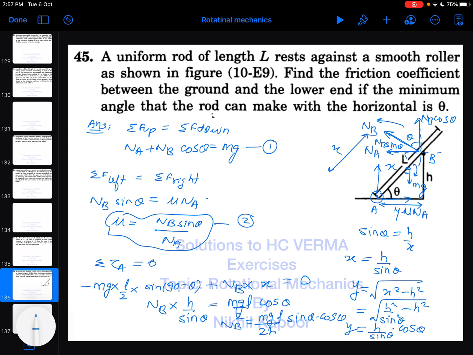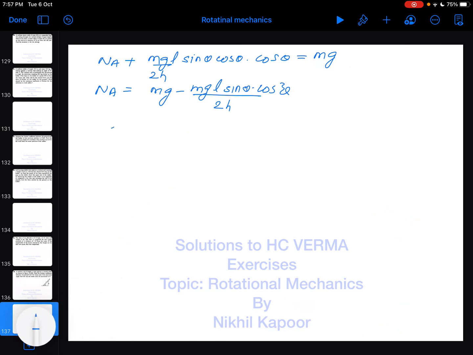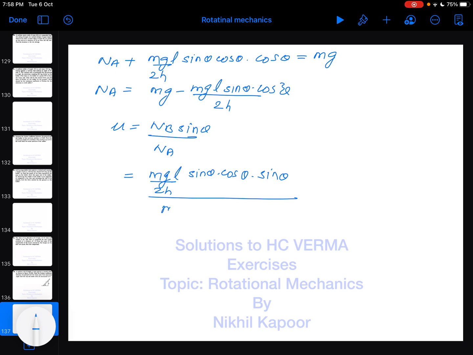So as mu is NB sin theta upon NA, so mu is equal to NB sin theta upon NA. So let's substitute. NB is mgL upon 2h sin theta cos theta into this existing sin theta, divided by NA, which is mg minus mgL sin theta cos square theta upon 2h.